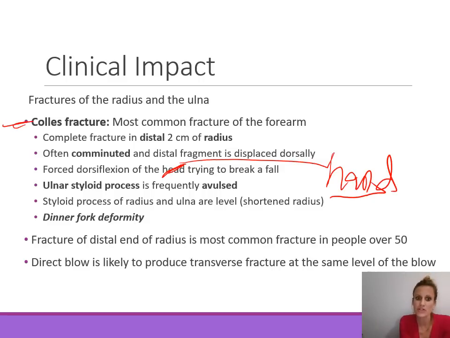When there's a Colles fracture, the fracture is in the distal, so the last couple centimeters of the radius. This often results in a comminuted fracture. Comminuted is broken into pieces.